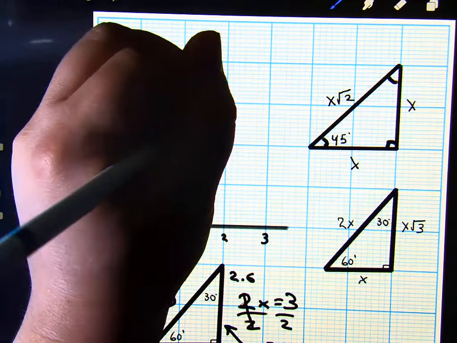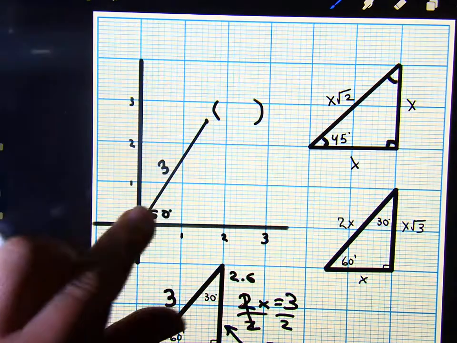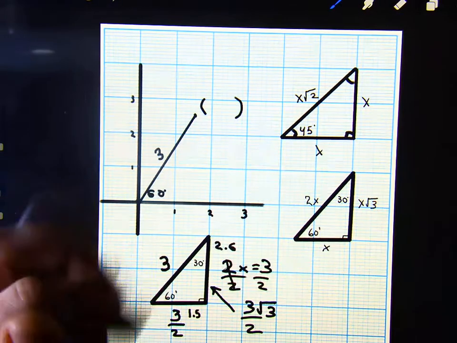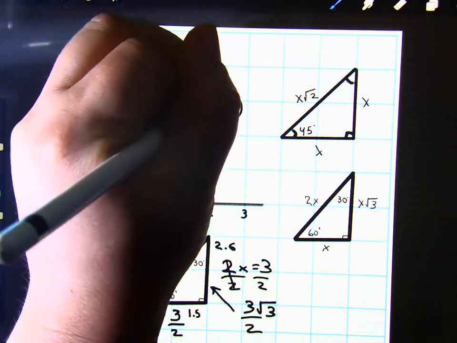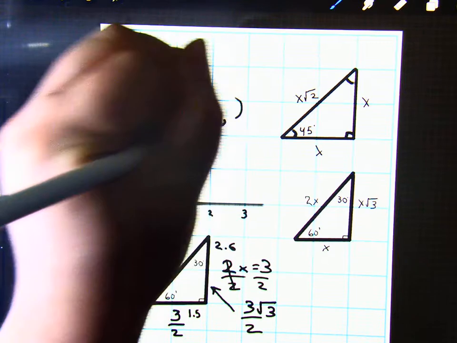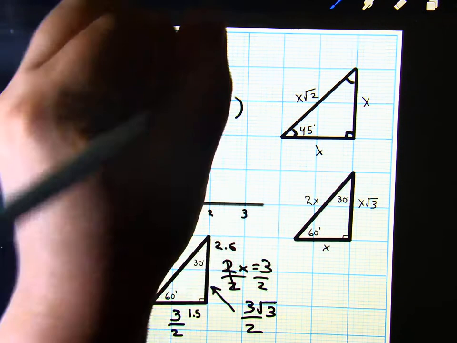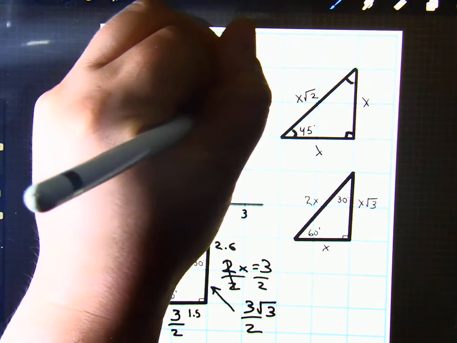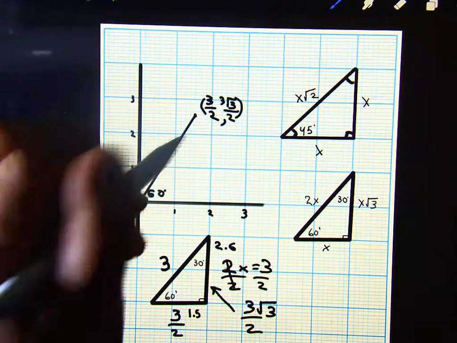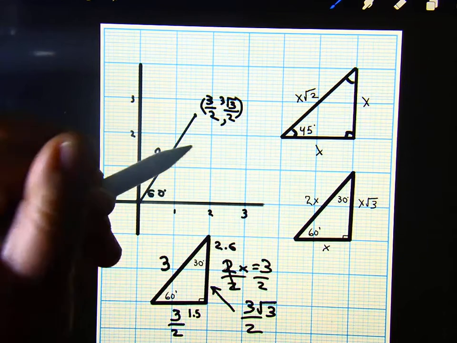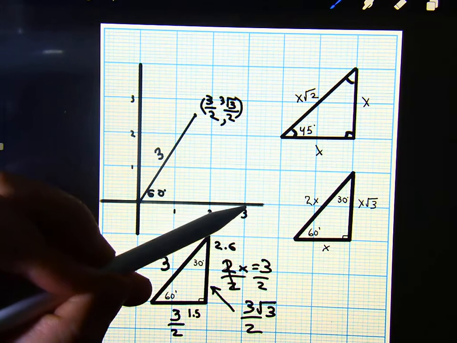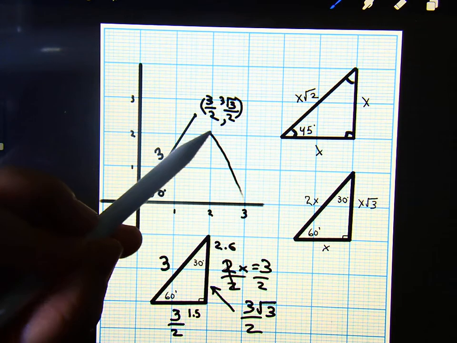And my coordinates are going to be my cosine, or my x, 3/2, and my y is going to be 3 square root 3 over 2. And that's its coordinate. And again, you can see how we basically were pivoting this circle.